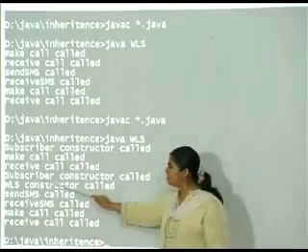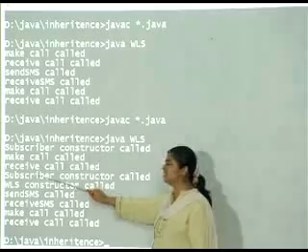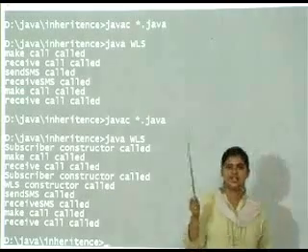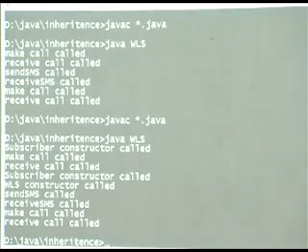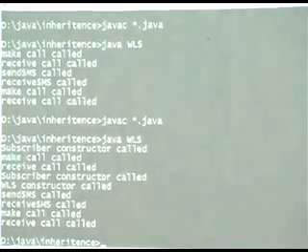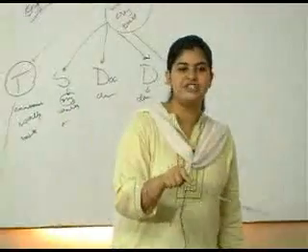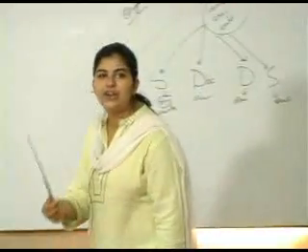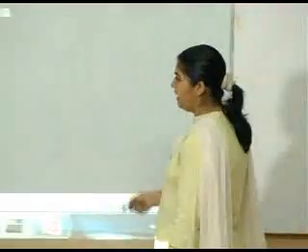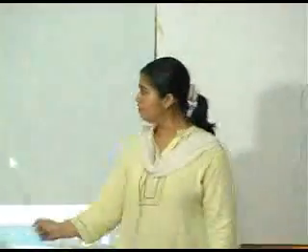Whenever the wireless object was being created, first the base class object gets created and the base class constructor is getting called, then your wireless object is getting created, and then your wireless object constructor is getting called. This is the sequence in which your derived class object is created, and then you are invoking all these methods over here. Okay, so go back.